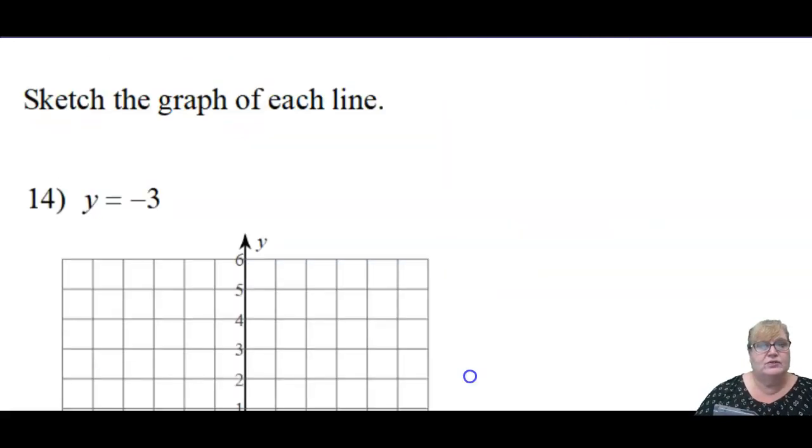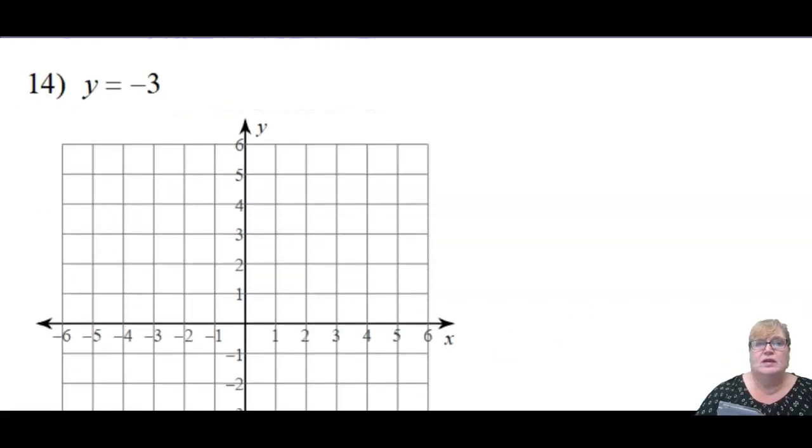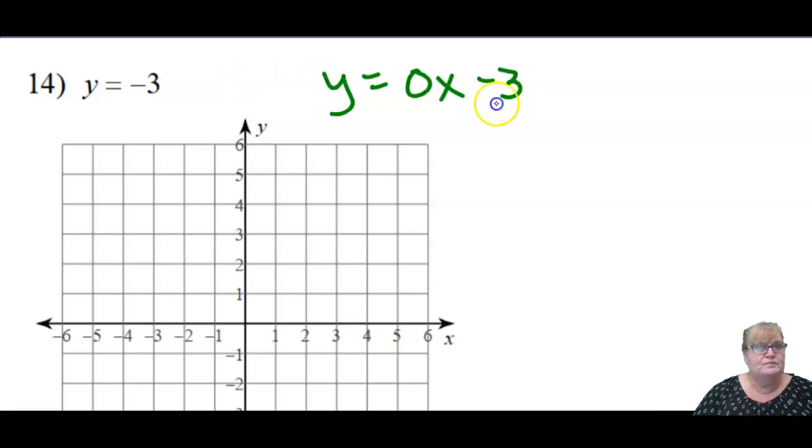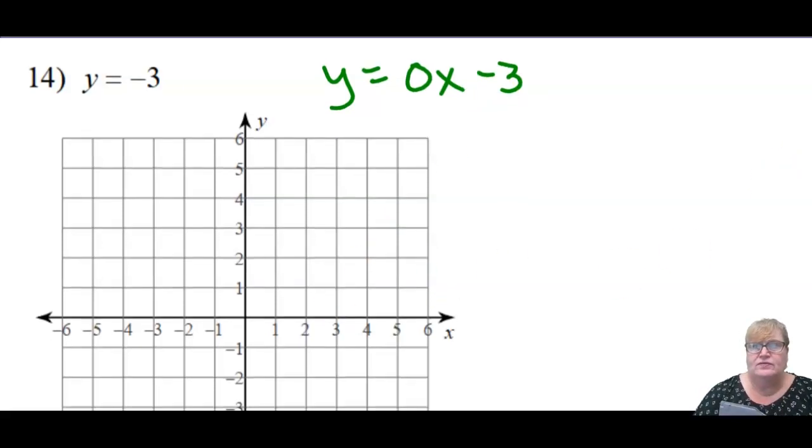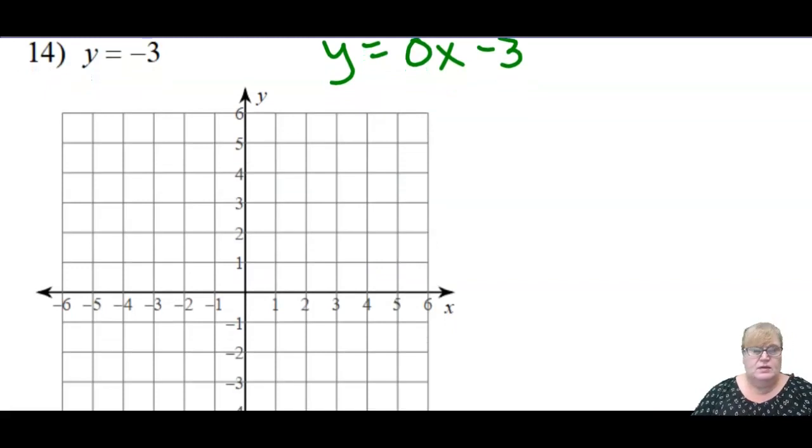All right, so this is a special form of a line. This one is a little less tricky for most students because you could imagine putting in the 0x. So it is crossing the y-axis down at negative 3. And it has 0 slope, which means no rise, only run.